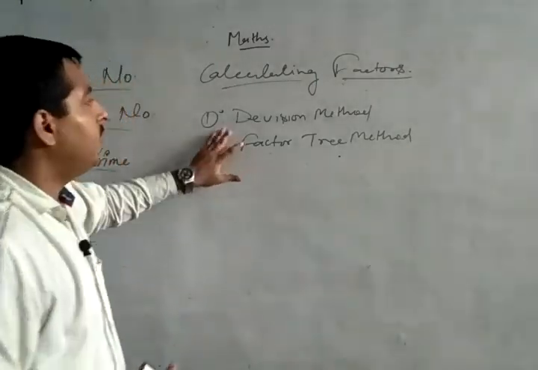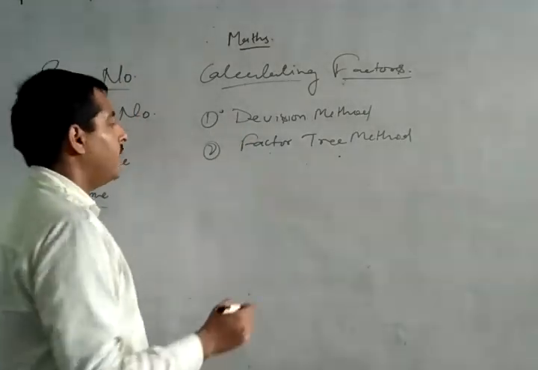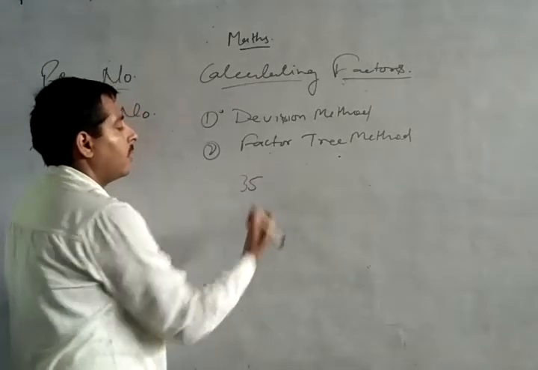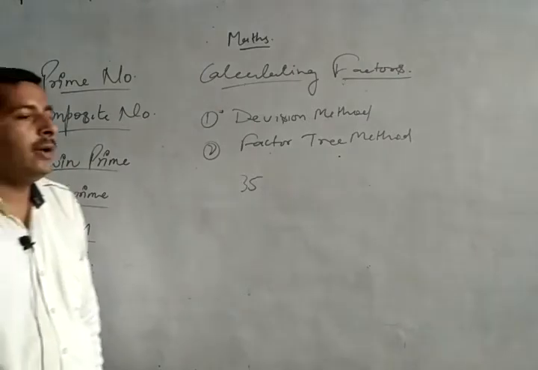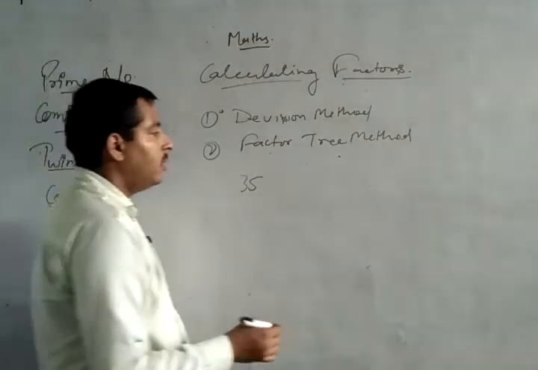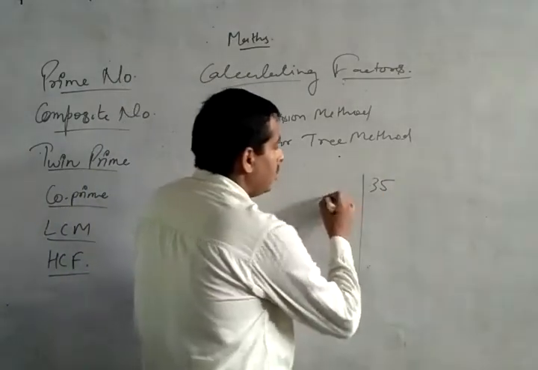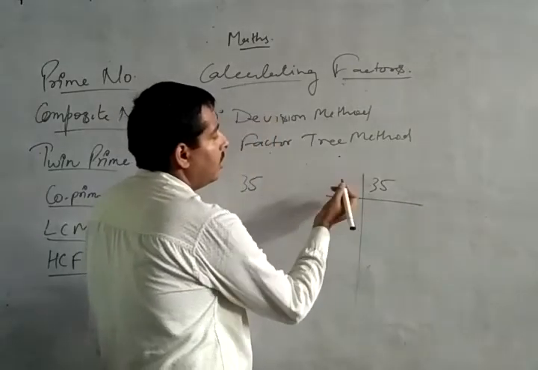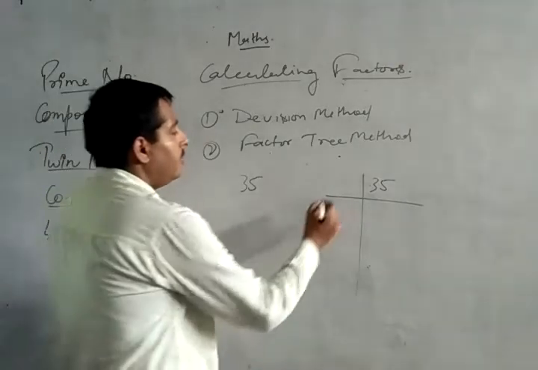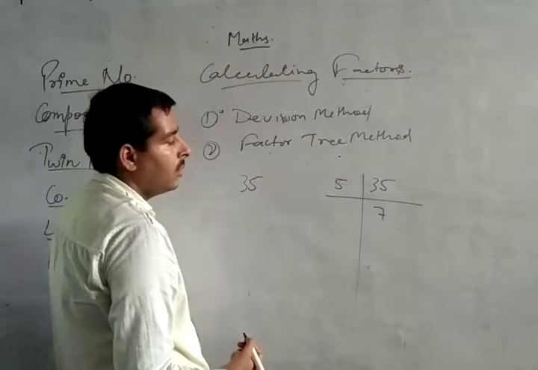First is the division method. Next is the factor tree method. Let's take an example that we have to calculate the factors of 35. In the division method, we will write 35 and start dividing it by the number by which it gets divided. It gets divided by 5. 5 times 7 is 35.